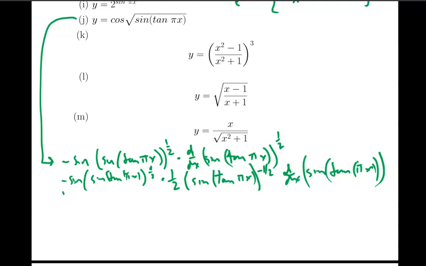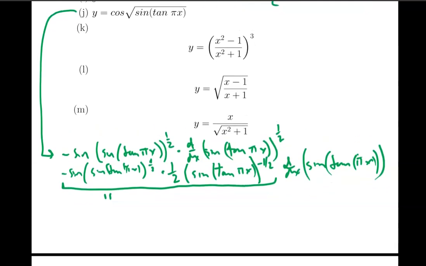Now all of this right here is just going to be dragged along in the next couple of steps. So I'm just going to do this because I'm not rewriting all of that on the screen here. It'll get a little messy, but you get the idea. So this gets repeated, and now the derivative of the sine of something is we're going to multiply by the cosine of the something, which is tan pi x, times the derivative of the tan pi x.